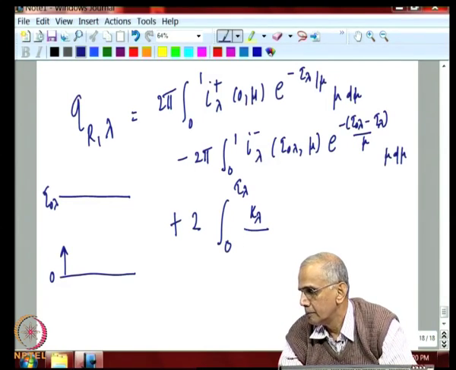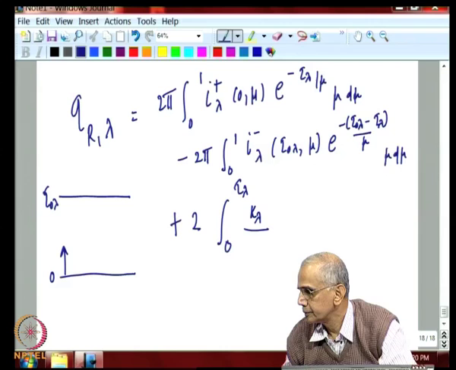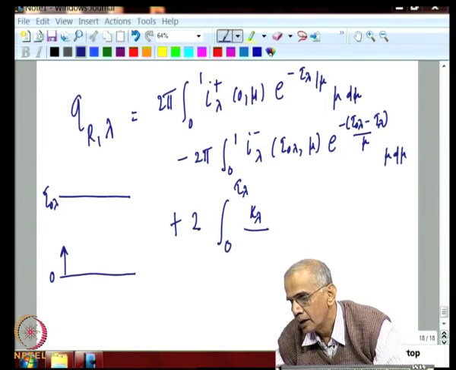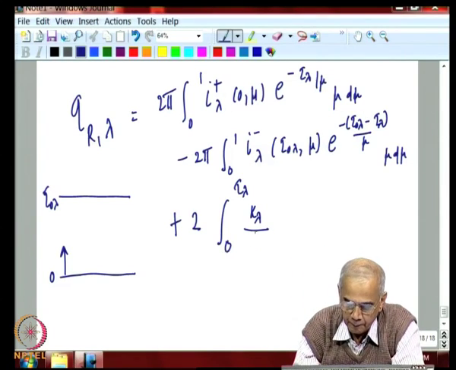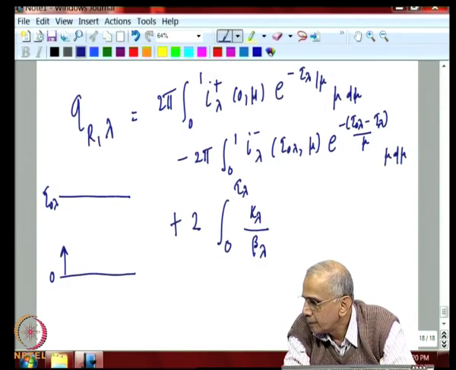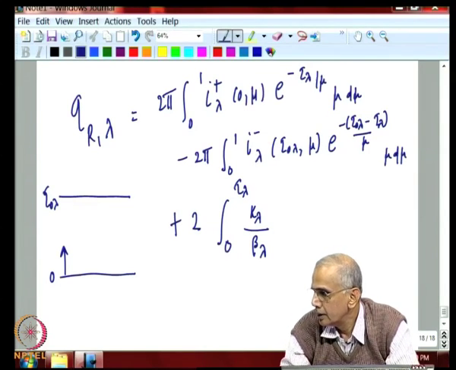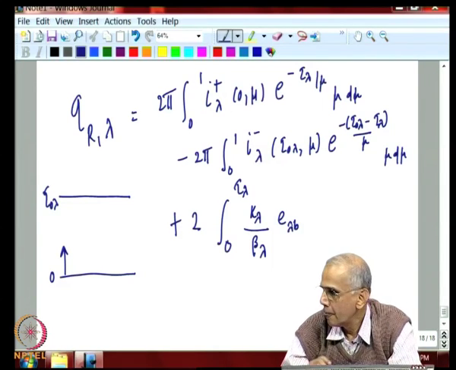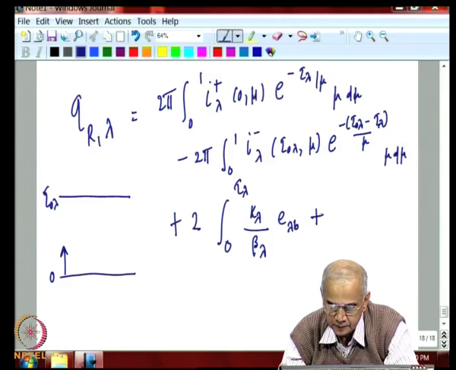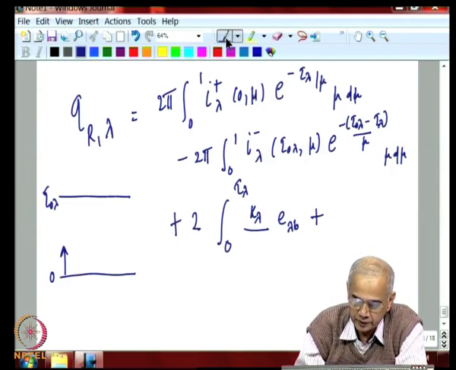So, this is the absorption coefficient by the scattering coefficient, and so this expression now will be kappa lambda by beta lambda, where beta lambda is kappa lambda plus sigma lambda, and that involves E lambda b, that is the emission term, plus, so let me just write it in a clear way so that all the expressions are similar to what we have seen earlier.